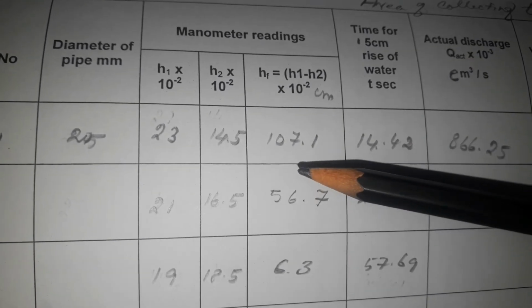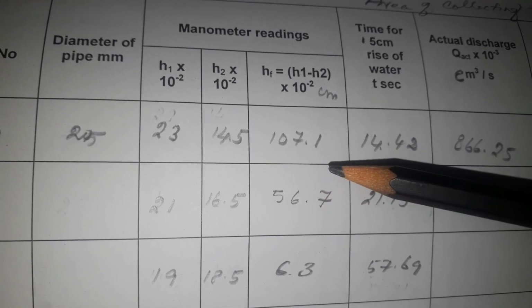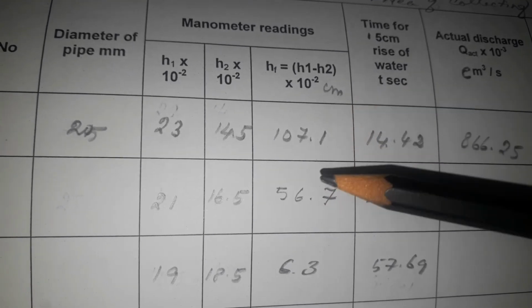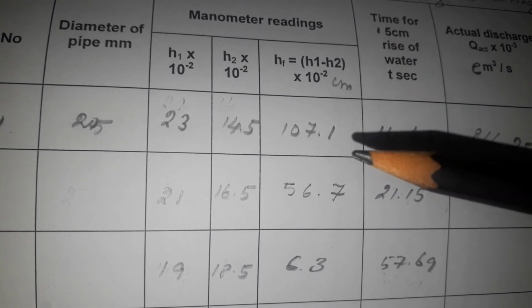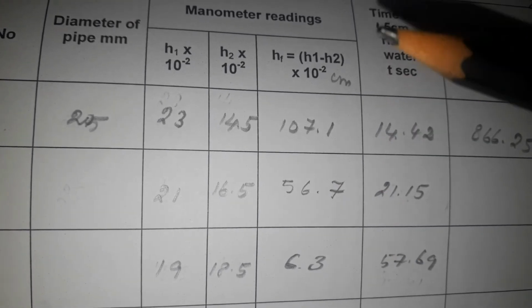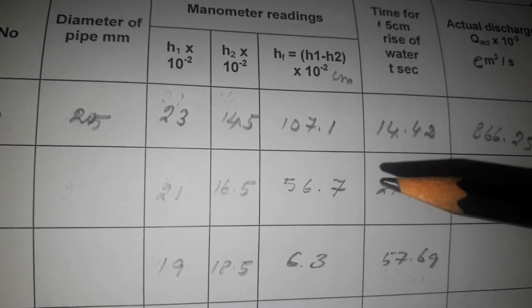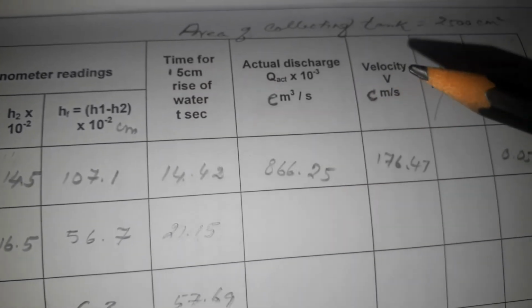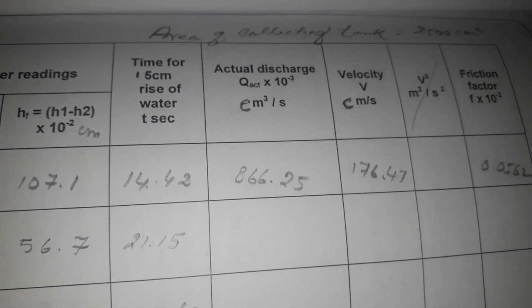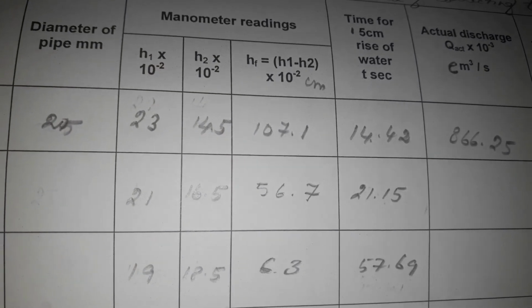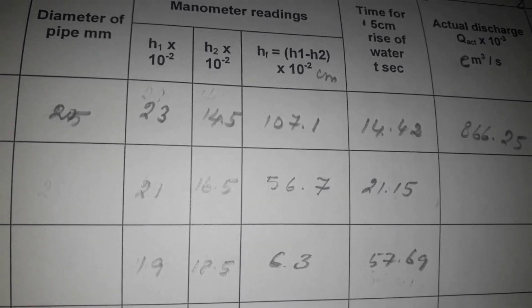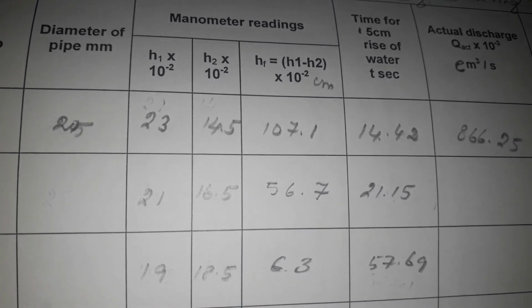Once the 25 diameter calculations are over, the 25 mm diameter pipe is closed and the 20 mm pipe is opened. Again we'll take all the readings and calculate actual discharge and velocity and friction factor. Okay, so this is the procedure for friction pipe.